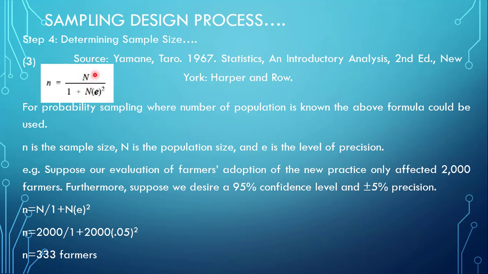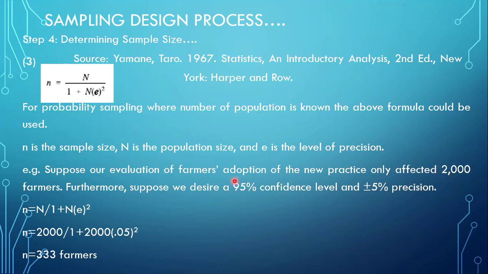So capital N is the population. Small n is the sample size. E is the precision level. So let's assume you have 2,000 customers or farmers that will be impacted.